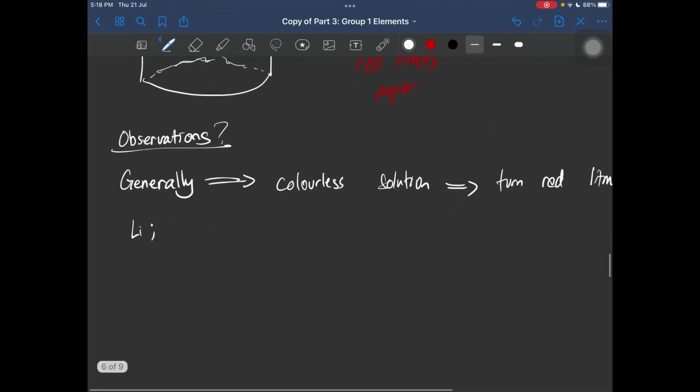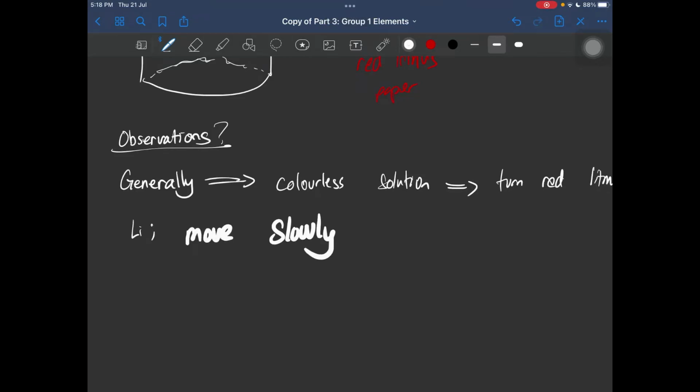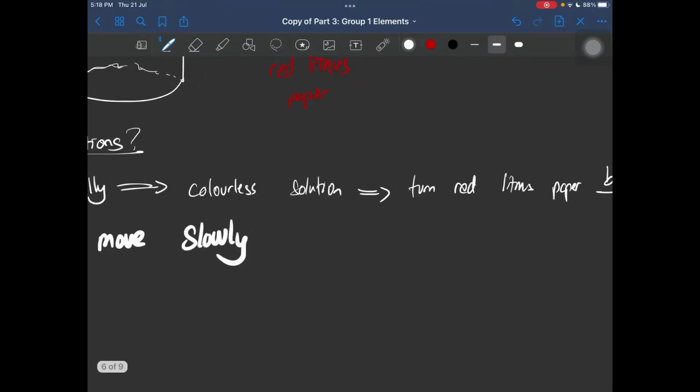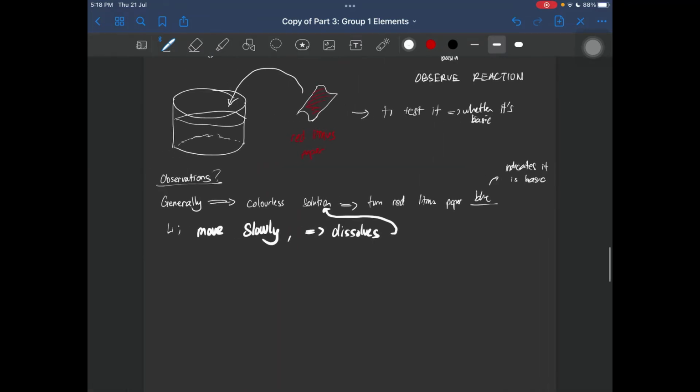So for lithium, it's going to move slowly on the surface of the water until it dissolves to form the colorless solution, which turns red litmus paper blue. And you're also going to see a little bit of gas being emitted, and we're going to discuss what that gas is later on.